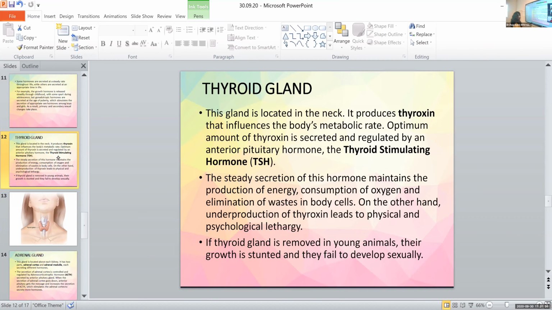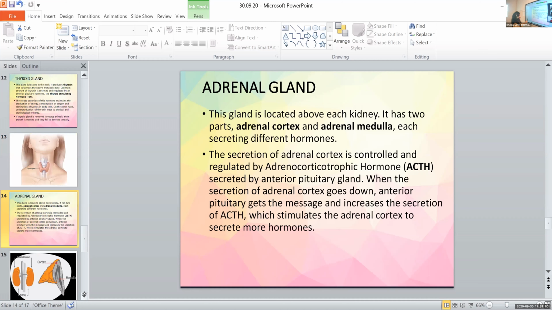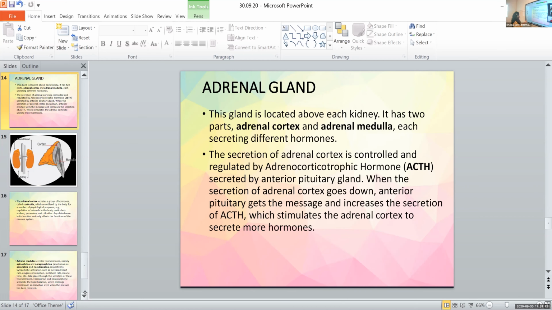So that's about the thyroid gland. Then we have the adrenal gland. Are you familiar with this adrenal gland? No, I don't think so. Okay. This gland is located above each kidney.